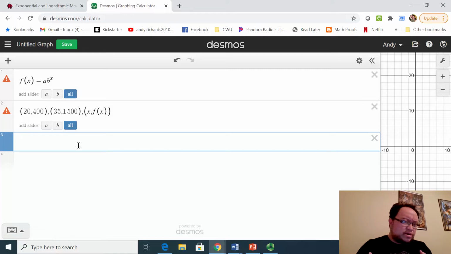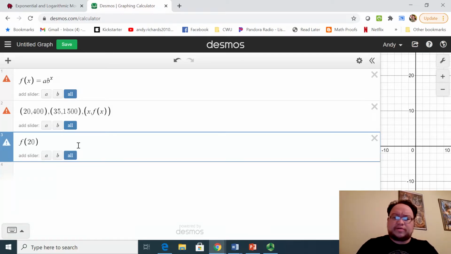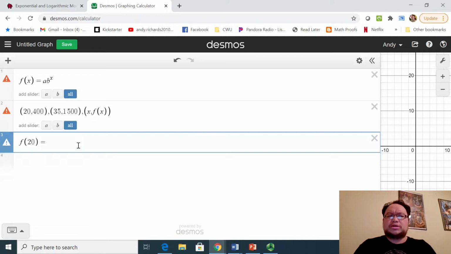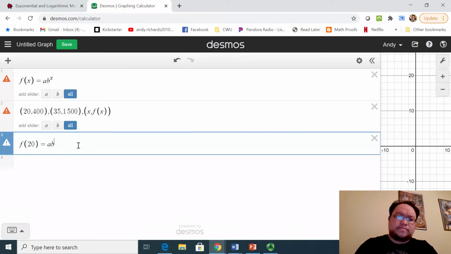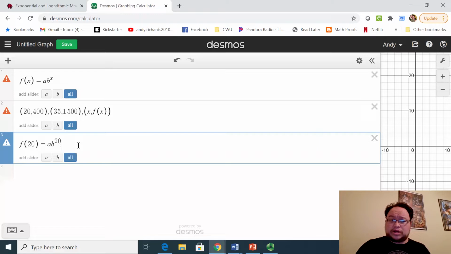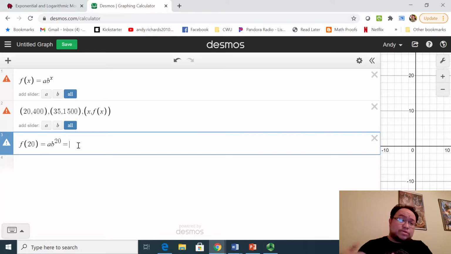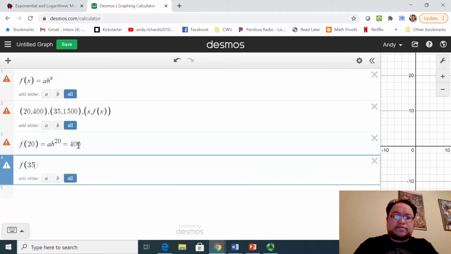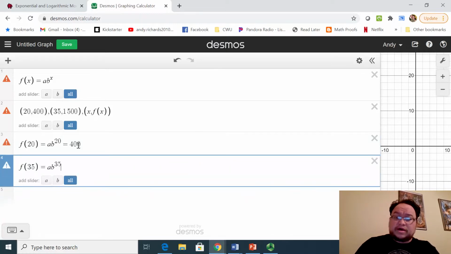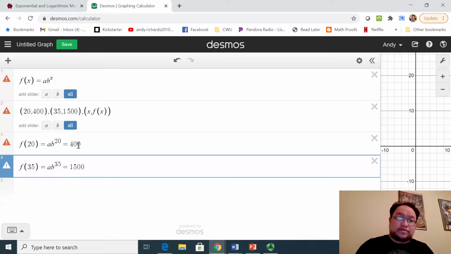It's important that we understand conceptually what's happening. For example, if I wanted to put 20 into this, what that means is I'm going to replace x with 20, and the result, f of 20, is 400. Or if we were to go again at 35, this would be a b to the 35 equals 1,500.